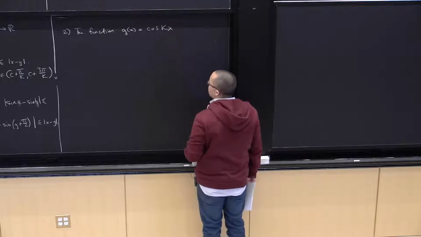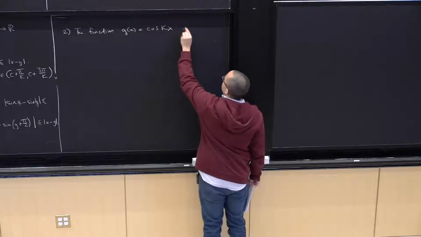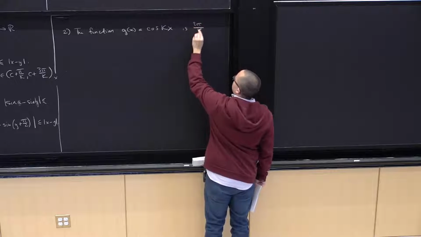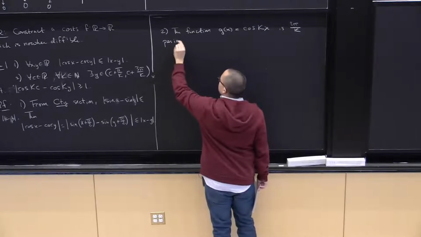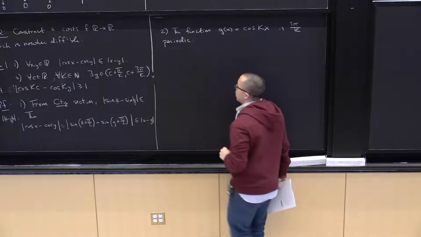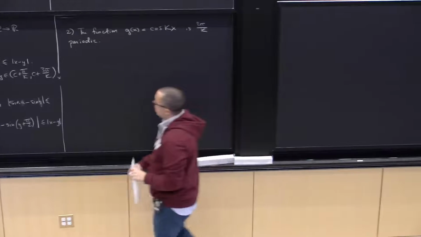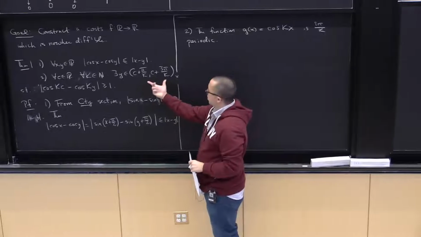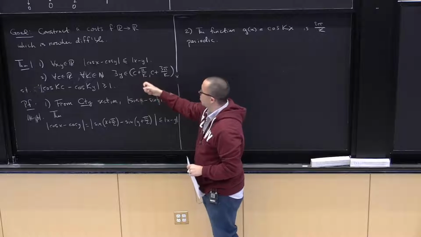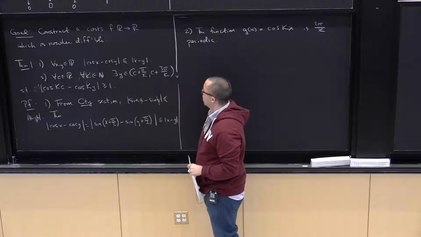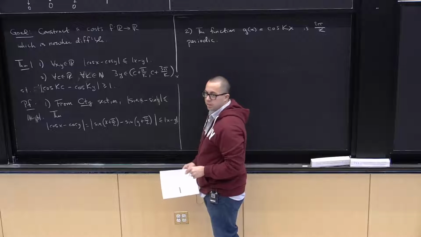It's 2 pi over k. And now this interval has length 2 pi over k, except it's missing the point c plus pi over k and c plus 3 pi over k.